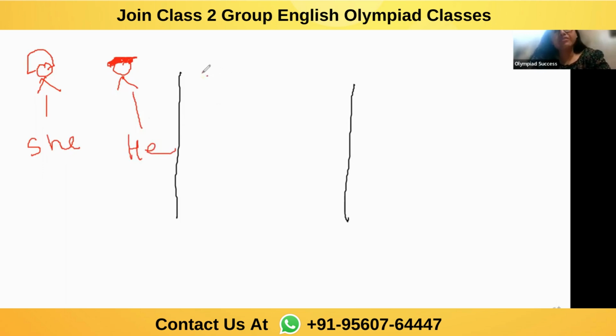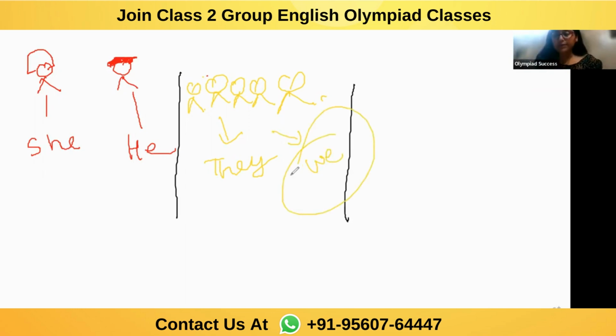Suppose we have many students, either they are girls, boys, or both. So for them, we use they. If there are many students, but one person, for example, me and all my friends, for that I use we.